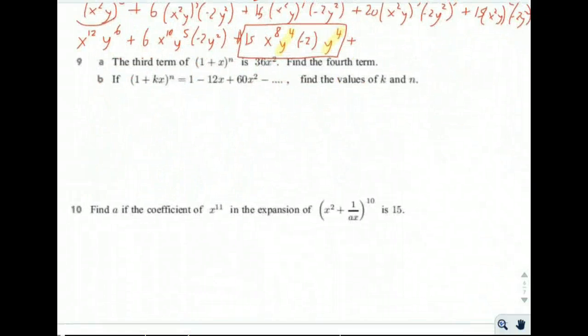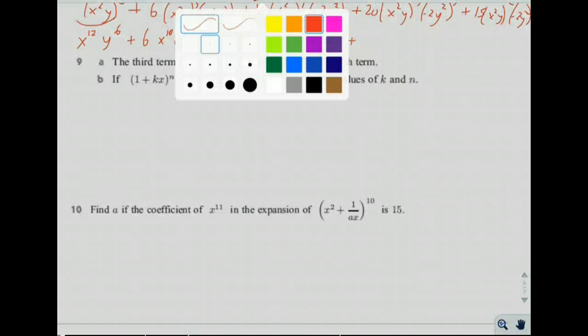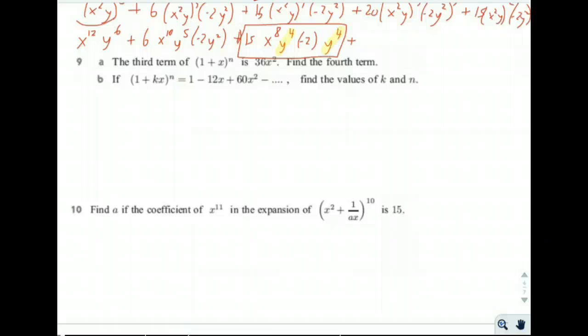Okay. So 9. The third term of 1 plus x to the nth is 36x squared. Find the fourth term. Okay. So this is a little tricky because they don't tell us what the degree of the equation is. They only tell us that the third term is 36x squared. We do know some things, right?